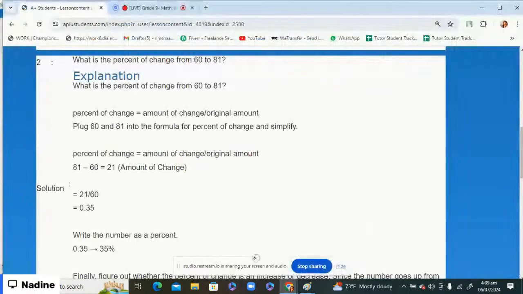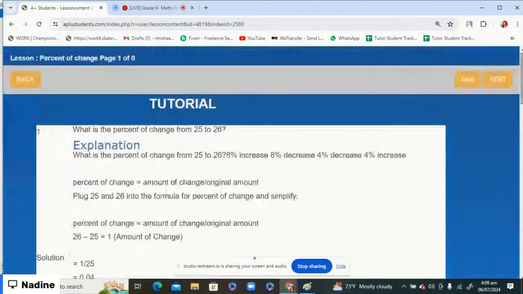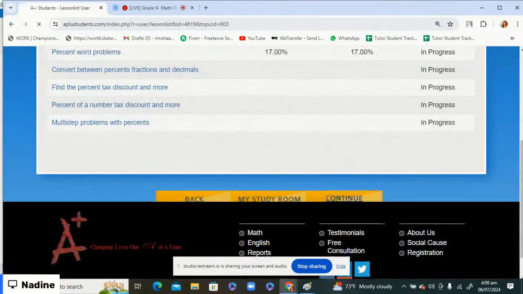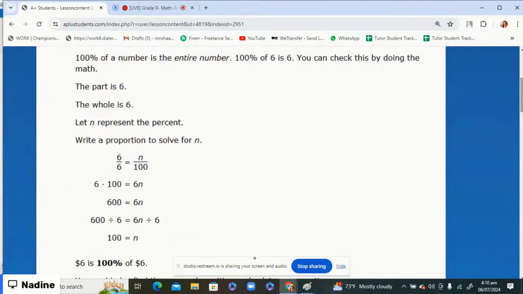Now let's discuss the next lesson: solve percent equations. $6 is what percent of $6? So here is the percent equation.